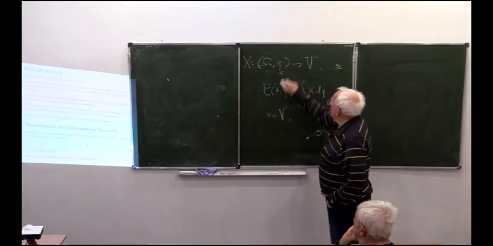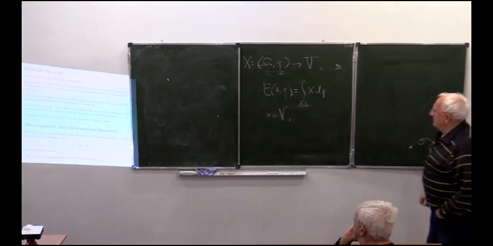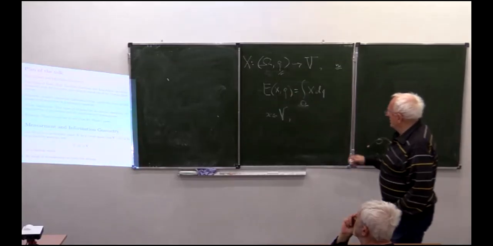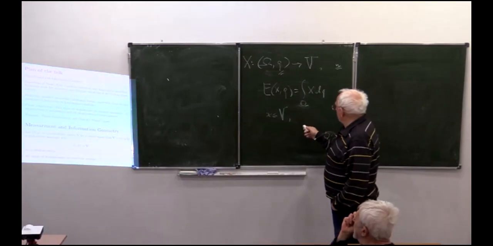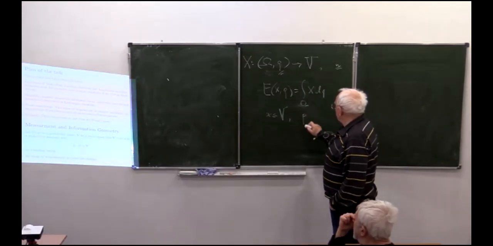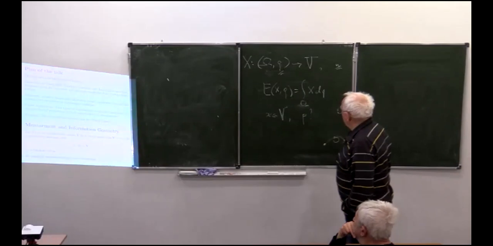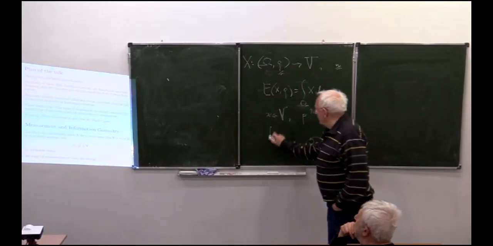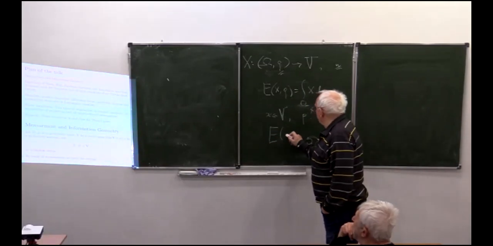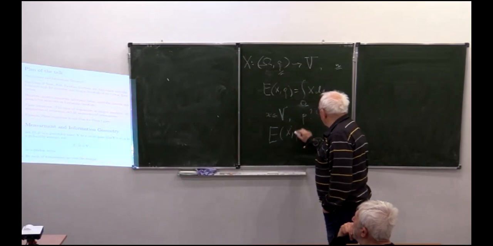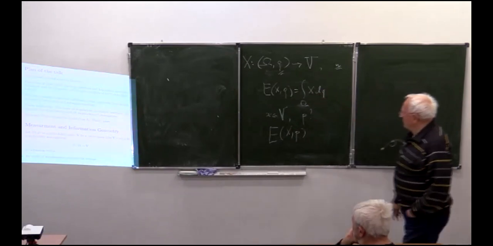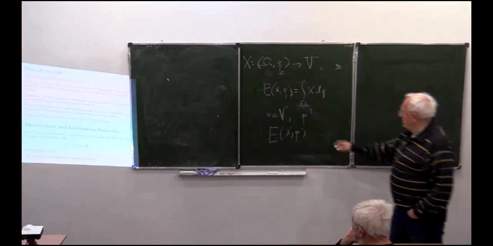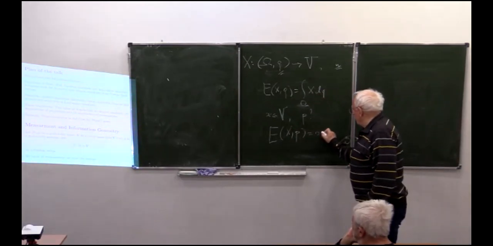Q is some initial measure, fixed at least during the lecture. We are trying to find another measure such that the expected value, or result of measurement, when you use this new device P is this small x.